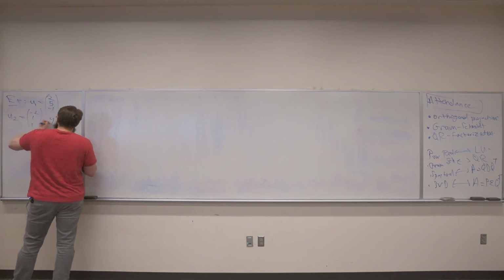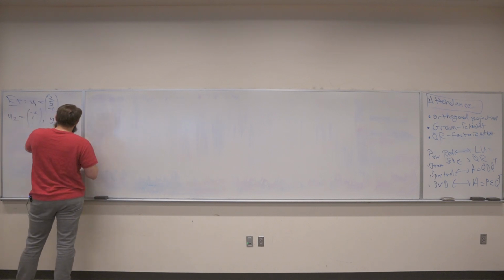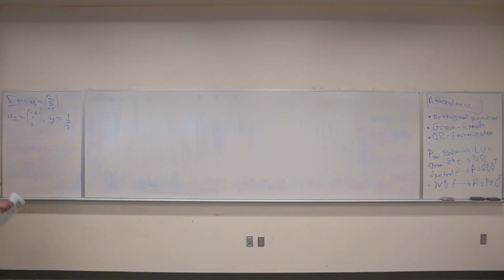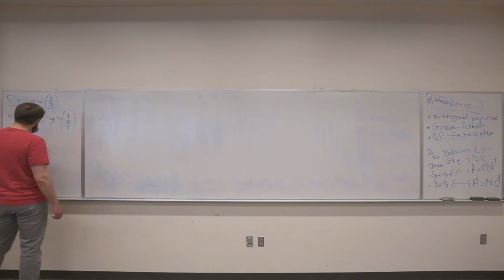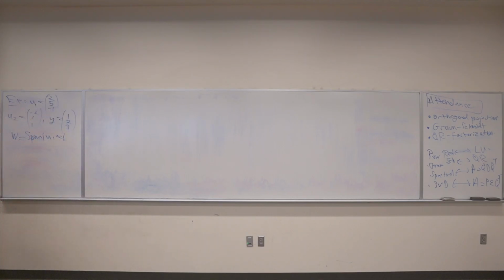And Y is 1, 2, 3. Okay. We took W to be the span of U1 and U2. This was two-dimensional, and consequently, u1 and u2 was an orthogonal basis.